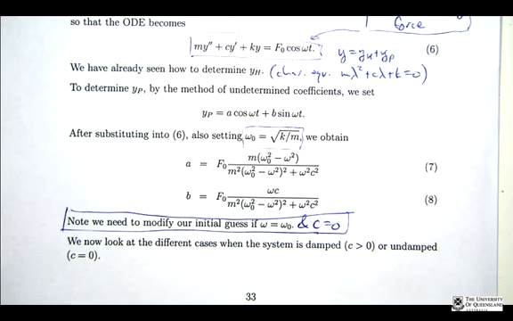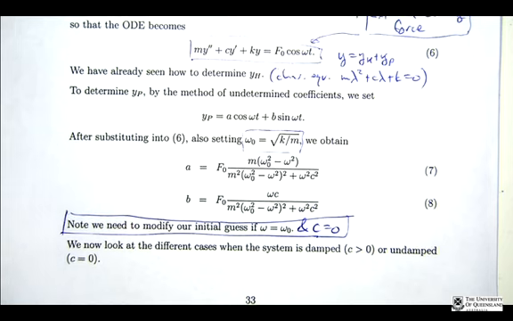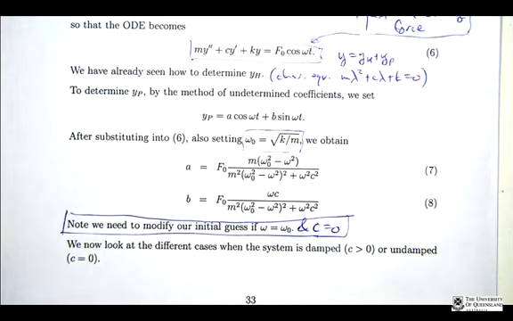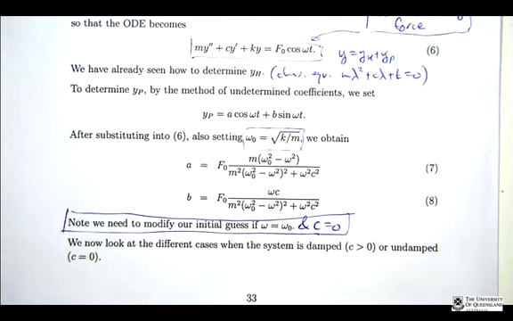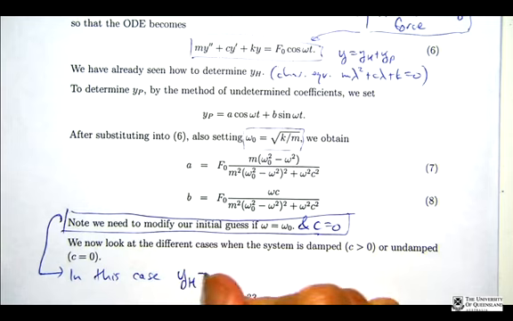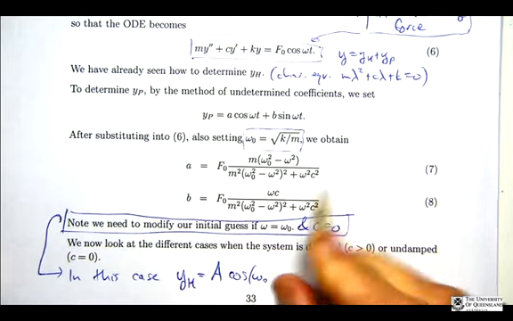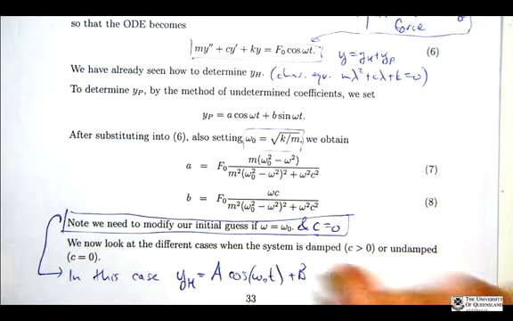I mentioned the damping force is proportional to velocity. As you can see from the equation, it's this term here that is proportional to the velocity. So in this case, when omega equals omega naught, we have the homogeneous solution just being an arbitrary linear combination of cos omega naught t and sine omega naught t.